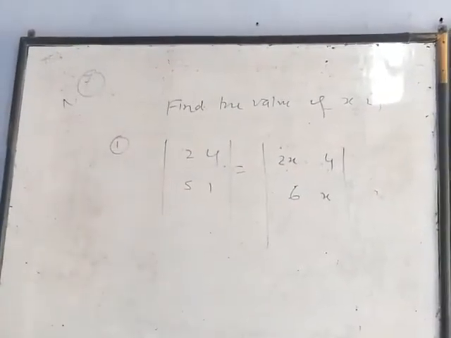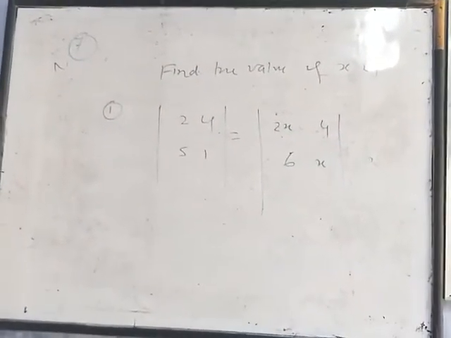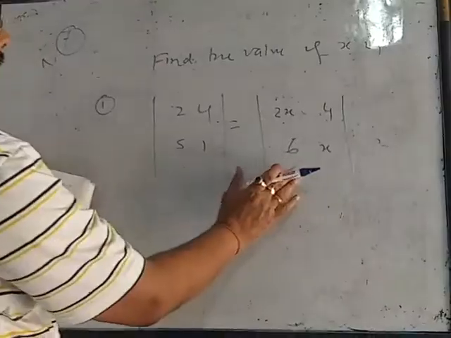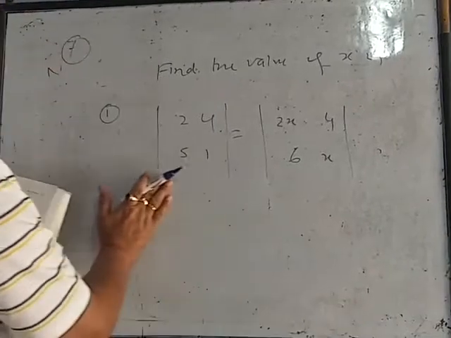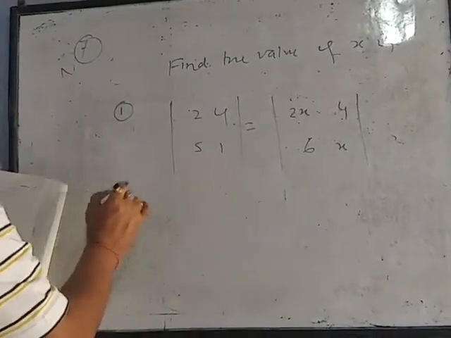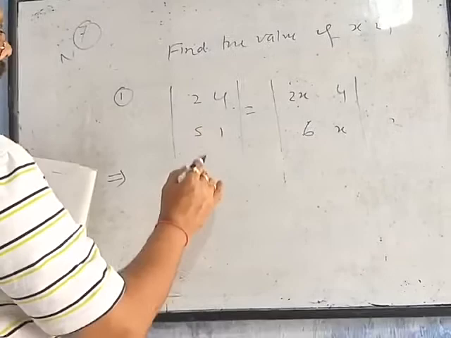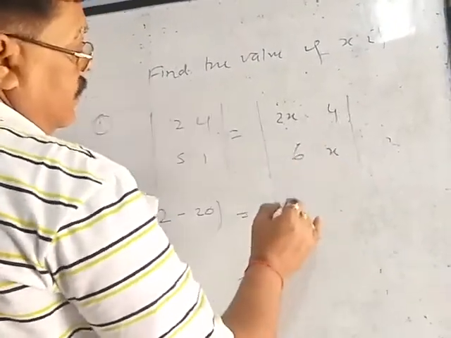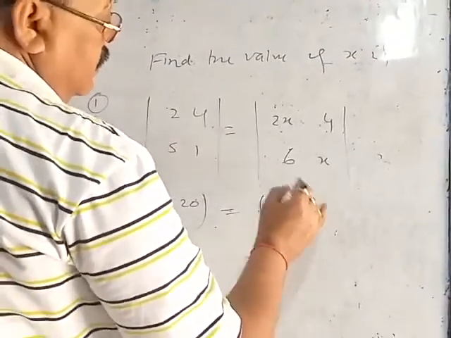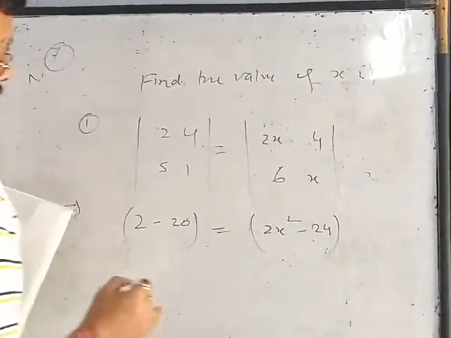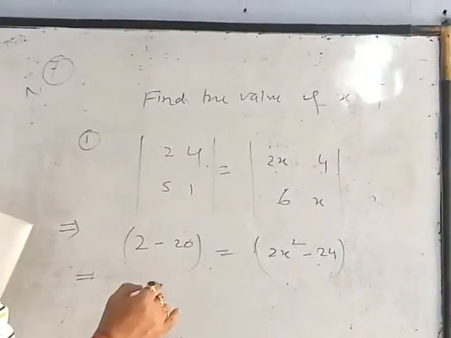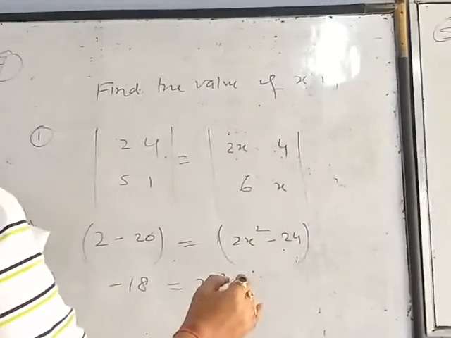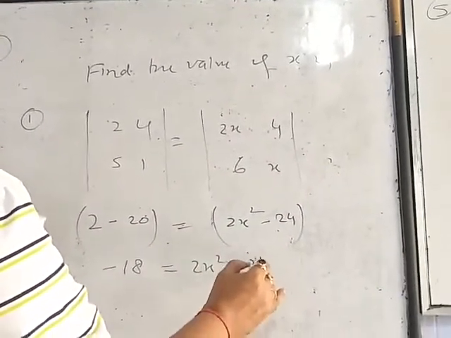So here you have to find x. These are equal, so we simplify and equate, and we get an equation in x. So 2 minus 20 is equal to 2x square minus 24. So it is minus 18 equals 2x square minus 24.